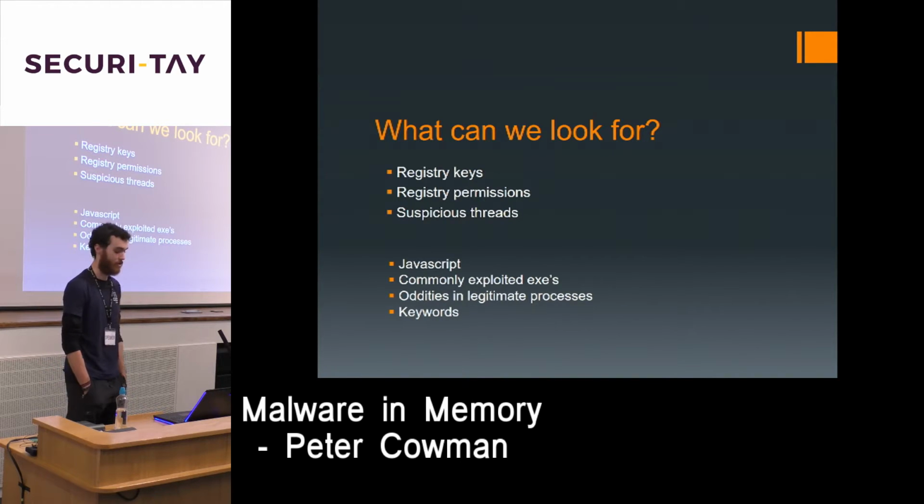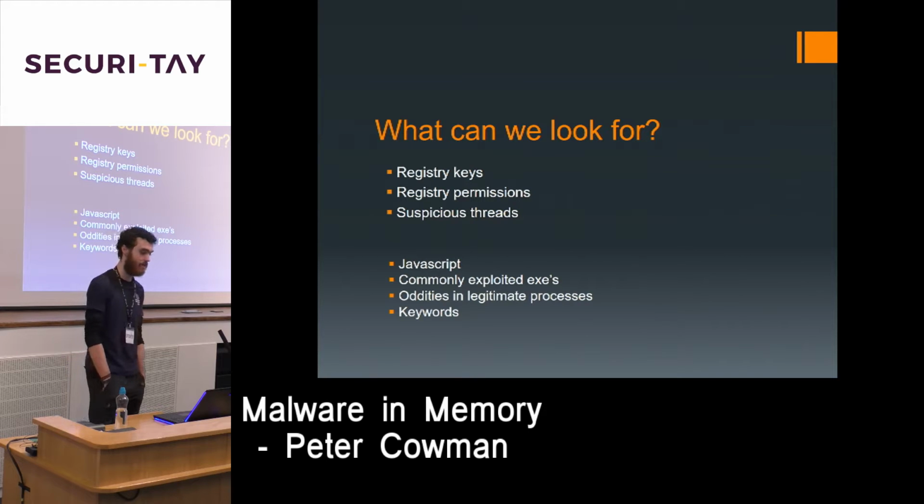So if you can find keys that have weird permission tokens on them, weird security tokens, then you've got something to start with. Suspicious threads. If we're looking at system processes and they've got threads that shouldn't be there or threads which are sort of hidden from your end user, then again you've got something suspicious to start picking at.